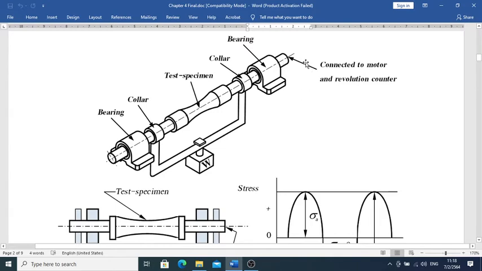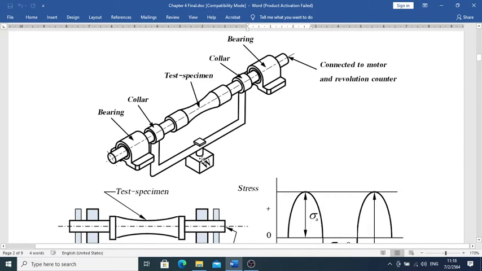This is connected to a revolution counter, so it counts the revolutions. We apply a motor to drive it, and then we apply the weight on it.